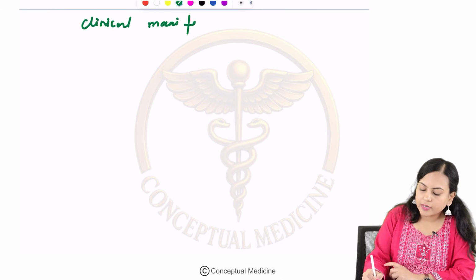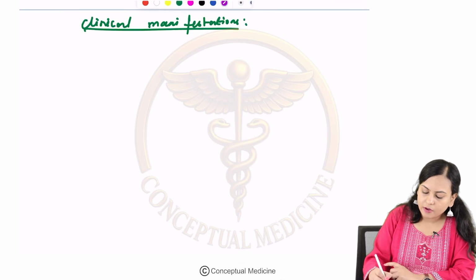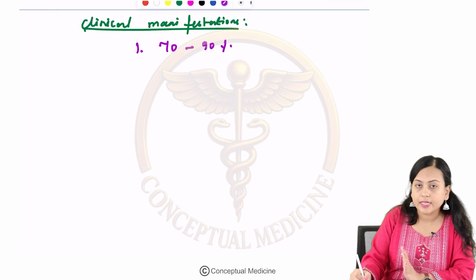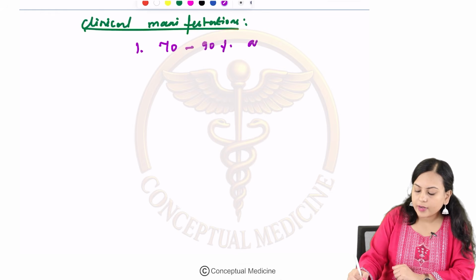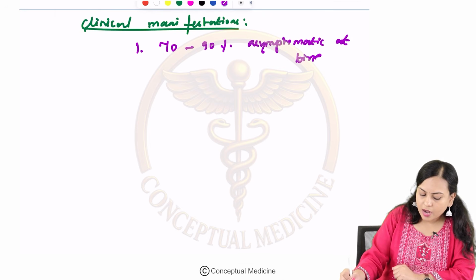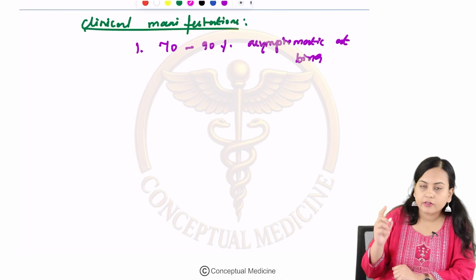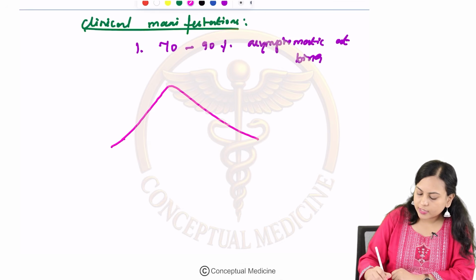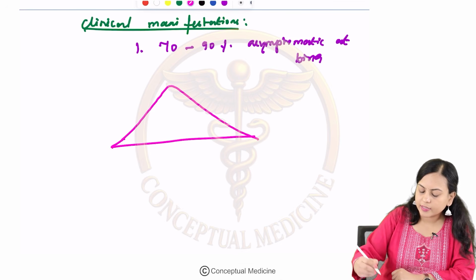Next, what are the clinical manifestations of this disease? First, you have to know that nearly 70 to 80% of the children are asymptomatic at birth. And you have a triad of symptoms in toxoplasmosis. Let's see what the triad contains.